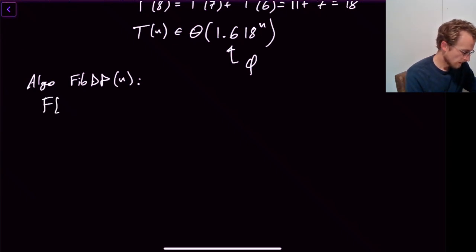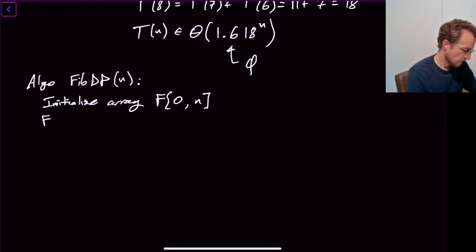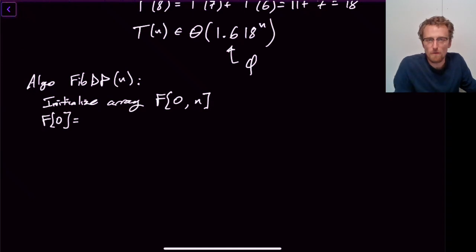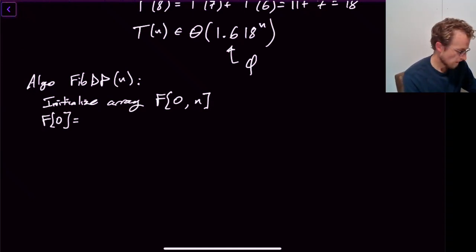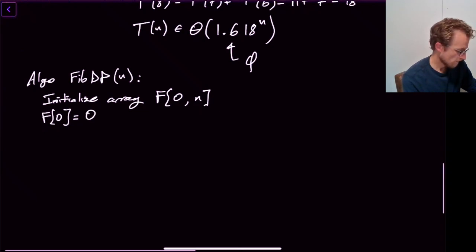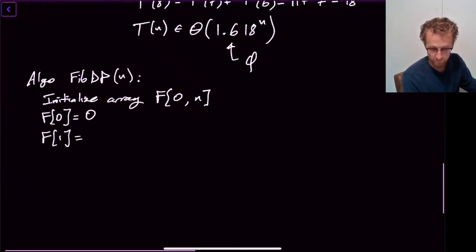So we initialize an array f from 0 up to n minus 1, because there only needs to be n slots in this array. We initialize f0, which will represent the first Fibonacci number, so f0 will be 0. F1 will be 1.